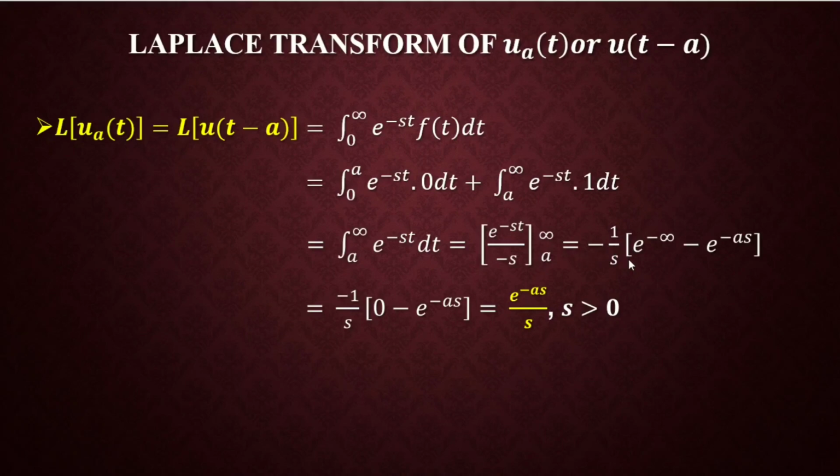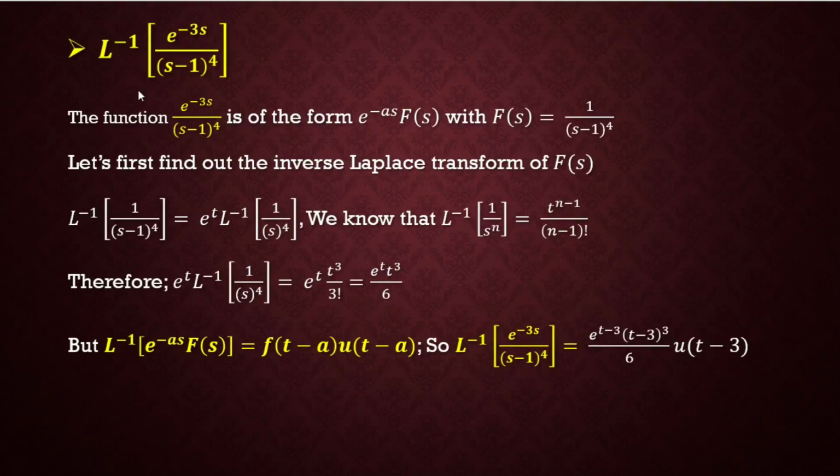Therefore, minus 1 by s into e raised to minus infinity minus e raised to minus as, which is equal to minus 1 by s into e raised to minus infinity is 0 minus e raised to minus as. Now minus becomes plus, e raised to minus as by s for s greater than 0. Now we have Laplace of the unit step function, that is Laplace of u(t minus a) is equal to e raised to minus as by s.